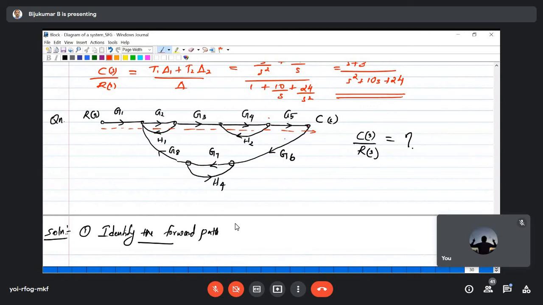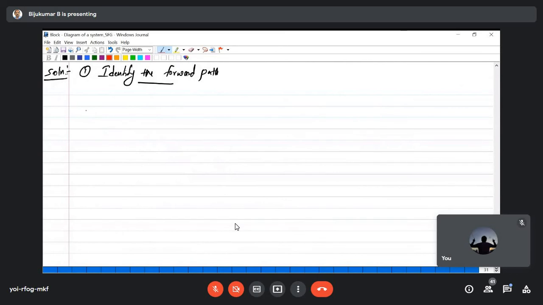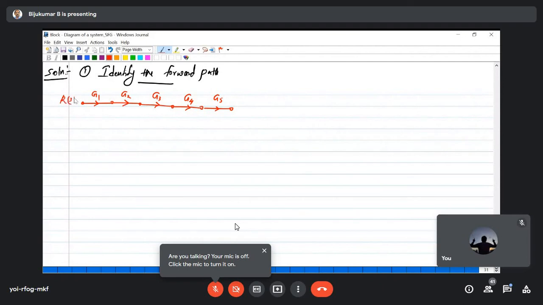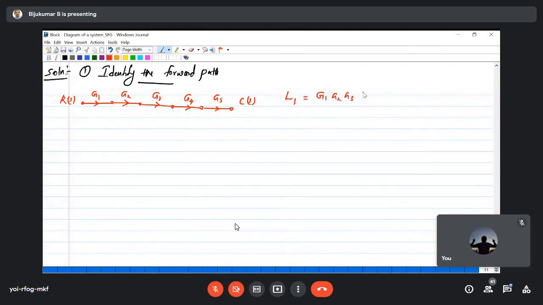So there is only one forward path: G1, G2, G3, G4, G5, and the corresponding path gain will be G1 G2 G3 G4 G5.